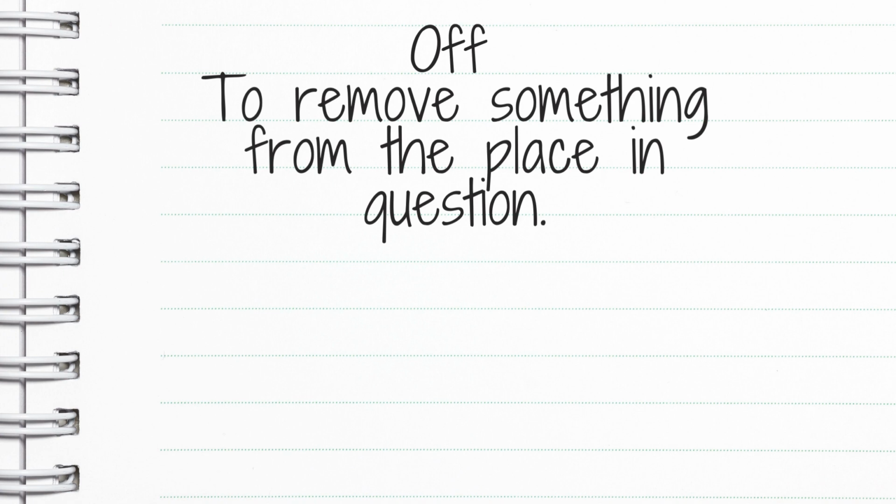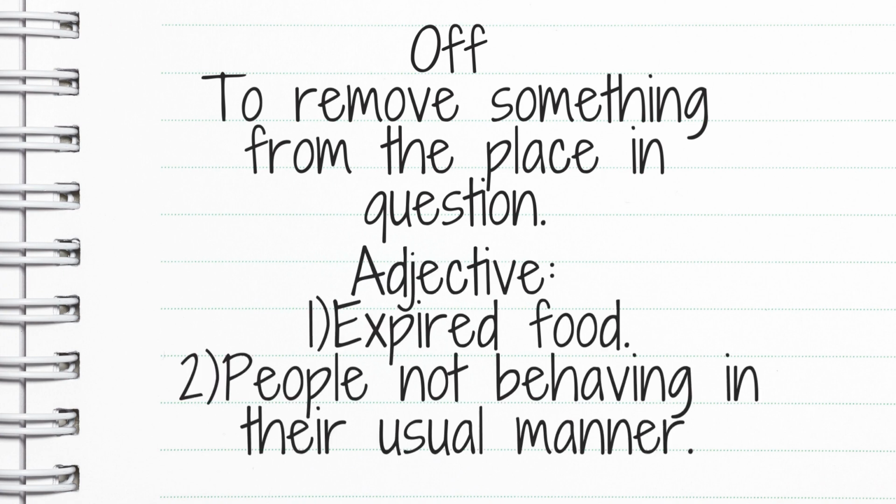Formally, off means to remove something from the place in question. It can also be used as an adjective. If you don't know what an adjective is, I will link a video up in the top right-hand corner for you that you can check out. So it could mean expired food or people not behaving in their usual manner.